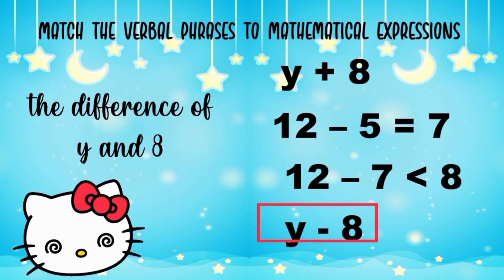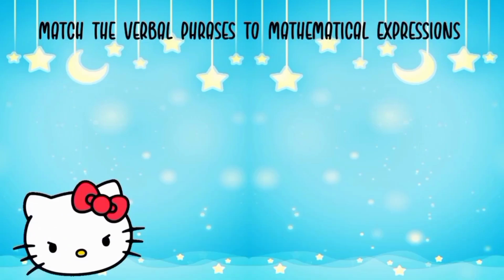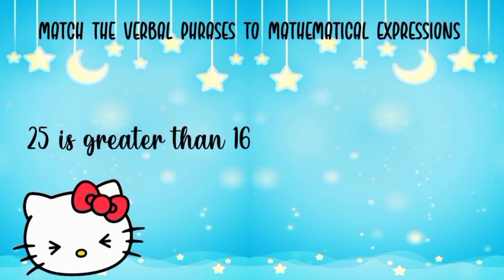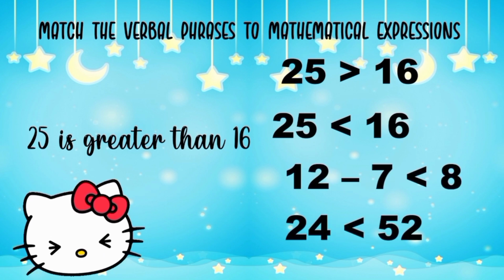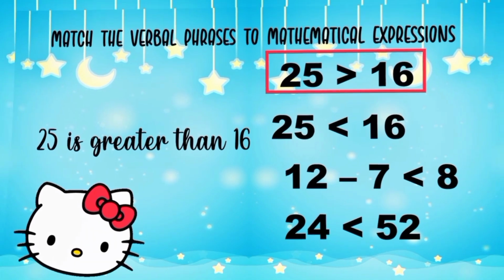Our answer is y minus 8. Example number 8. 25 is greater than 16. Now choose among the given expressions. The answer is this expression. 25 is greater than 16.